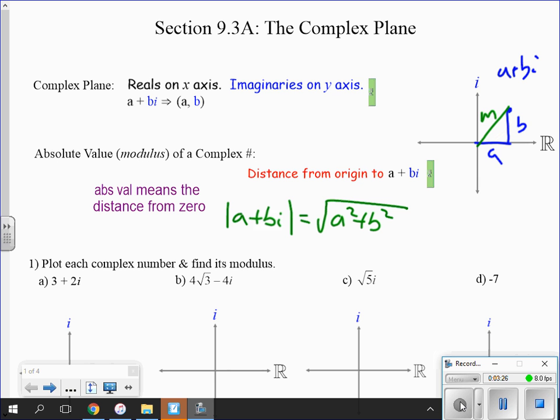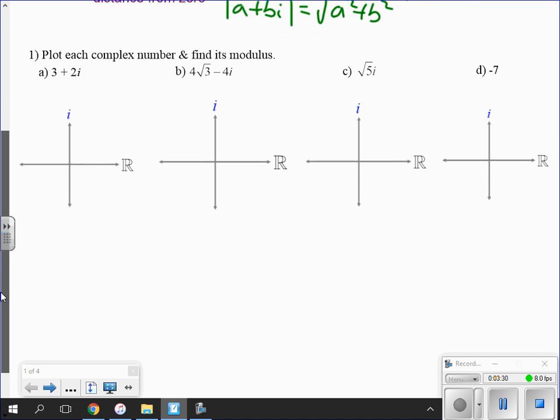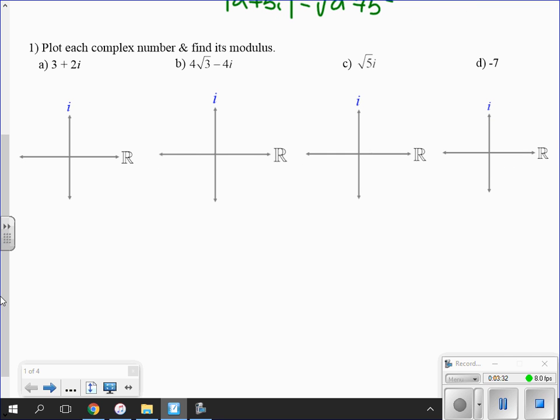Okay. So let's do a few examples. Plot each complex number and find its modulus. So 3 plus 2i. 1, 2, 3 on the real. 1, 2 on the imaginary. There's my point. I mean, really, come on. You guys ought to be able to do that without much of a problem.